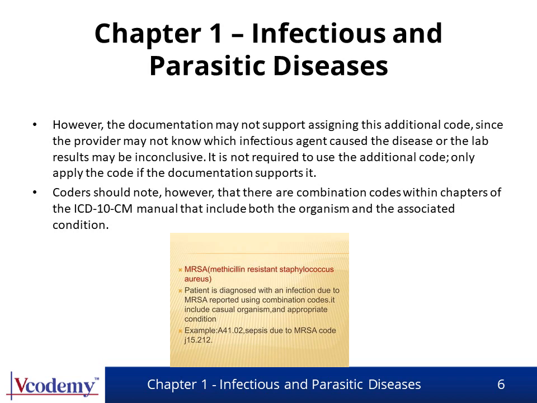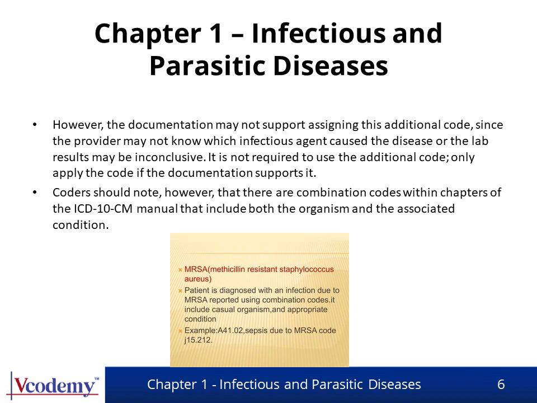If it is missing, of course you can query the provider. Hold the chart for coding and then query the provider to get extra information about the infectious agent. Otherwise you will not be able to use the additional code. And also if the lab results are still pending or inconclusive, then you have to wait for coding.